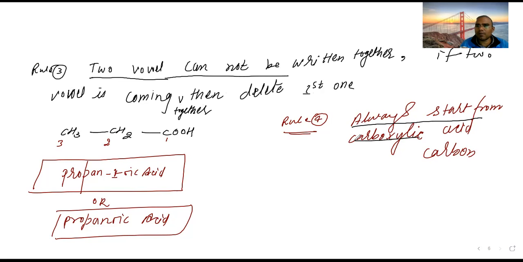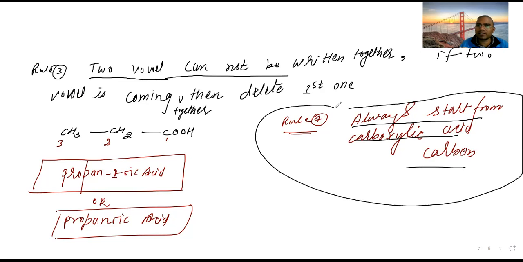Always start numbering from the carboxylic acid carbon. That you already wrote, no need to write this one. One example I wrote, that is propane-1-oic acid. This one.